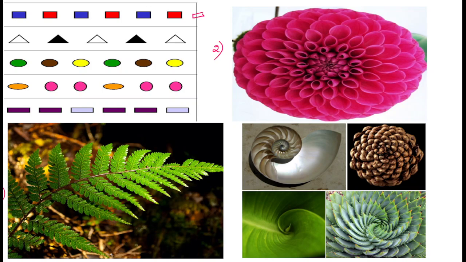You can see the arrangement of leaves in a fern plant, they are in decreasing order, from bigger to small, small, small, isn't it? In the same way you can see the fourth picture, the shell. This is the shell, isn't it? Even this is a shell. So in some plants and leaves, and there also you can see the pattern. So you have studied about patterns in your lower classes.